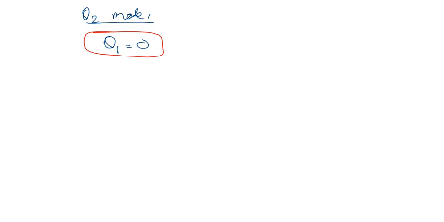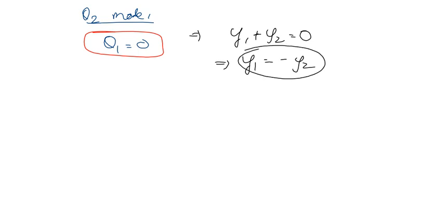And we have the last condition for your Q2 mode. So similarly, in Q2 mode only Q2 exists and Q1 is equal to 0, which is your fundamental condition. Therefore, we can write y1 plus y2 is equal to 0, or we can say y1 equals minus y2. So in this particular case, we find that the displacements are equal, but in opposite direction.